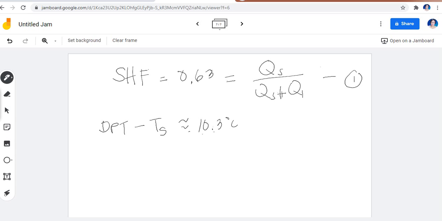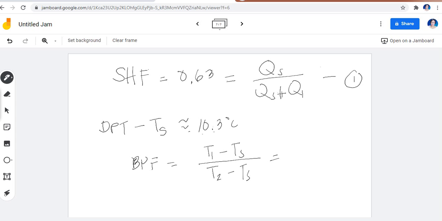So we can actually determine first the bypass factor. Your bypass factor is based on the formula, which is T initial minus TS over T final minus TS.